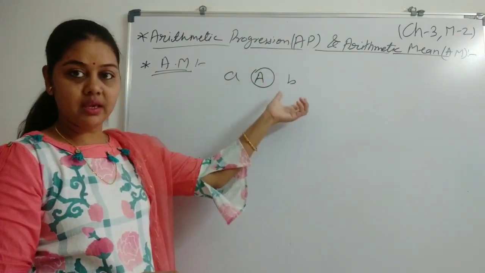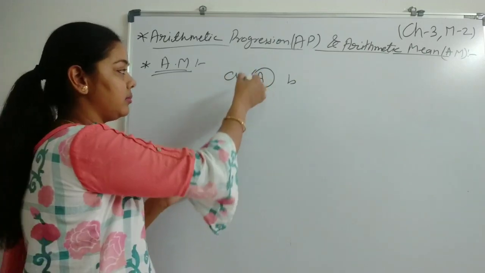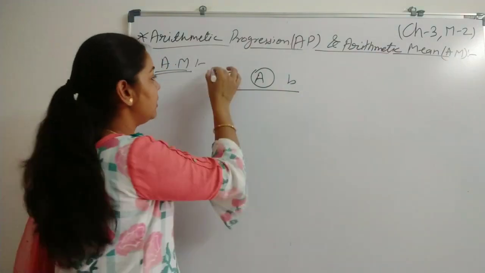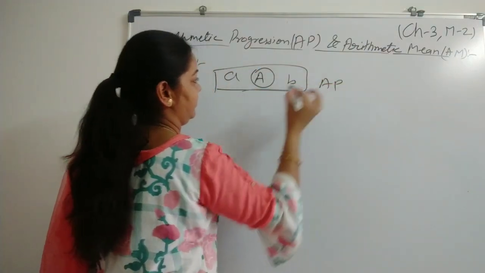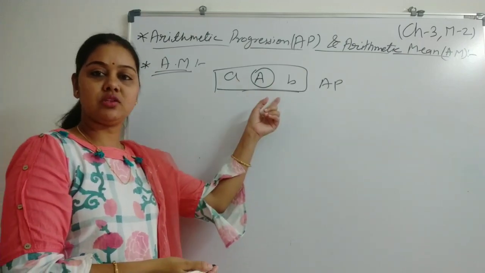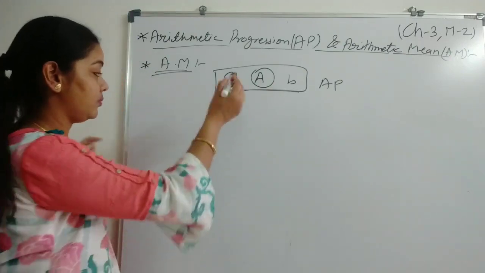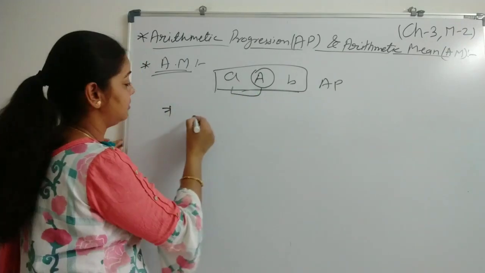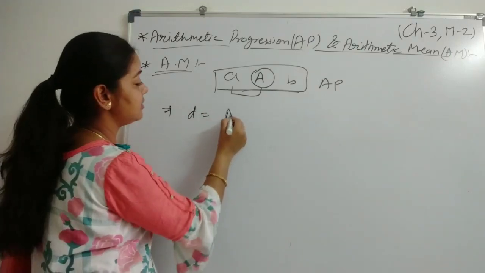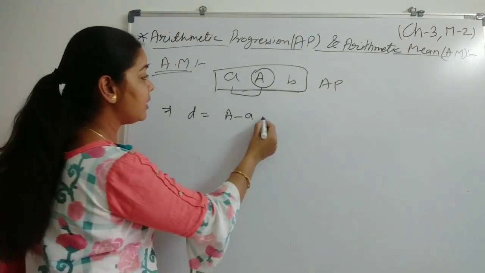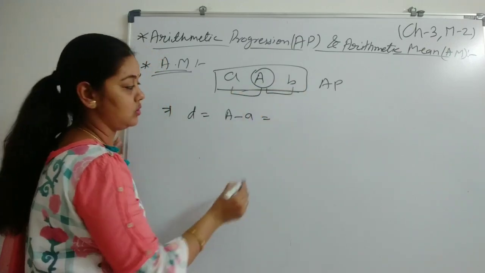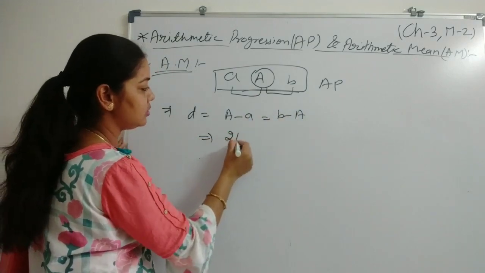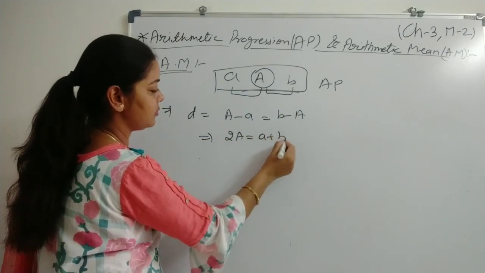We are given two terms a and b. We are inserting a term A such that all these three terms will now become an AP. Then this A is called arithmetic mean. According to the definition of arithmetic progression, the common difference A minus a will be equal to the difference of these two terms, it means b minus A. So I can write that 2A will be equal to a plus b.